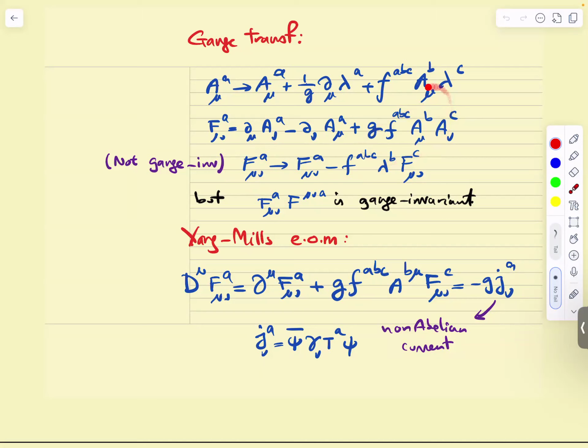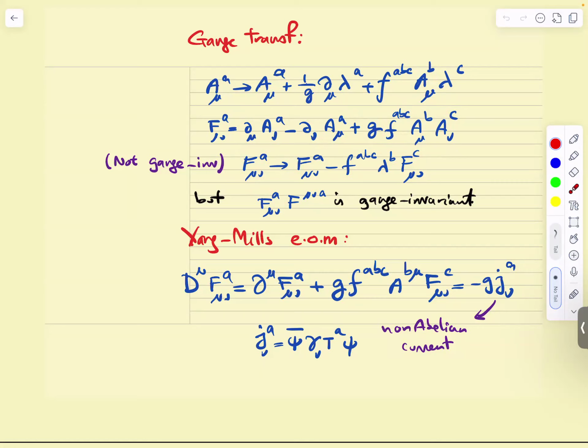This is the term that ruins gauge invariance. It's absent in U1. That's why the field strength in U1 is gauge invariant, right? So the failure of gauge invariance of the field strength in non-abelian gauge theory is controlled by the structure constants.